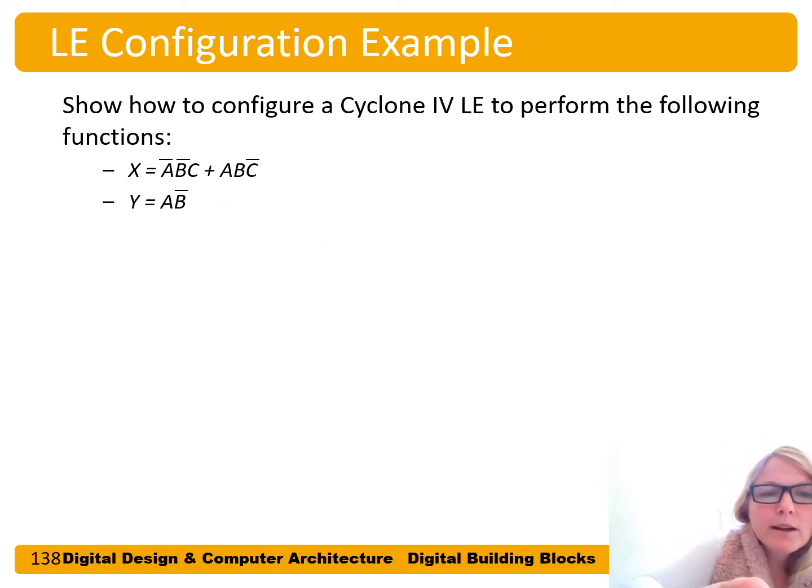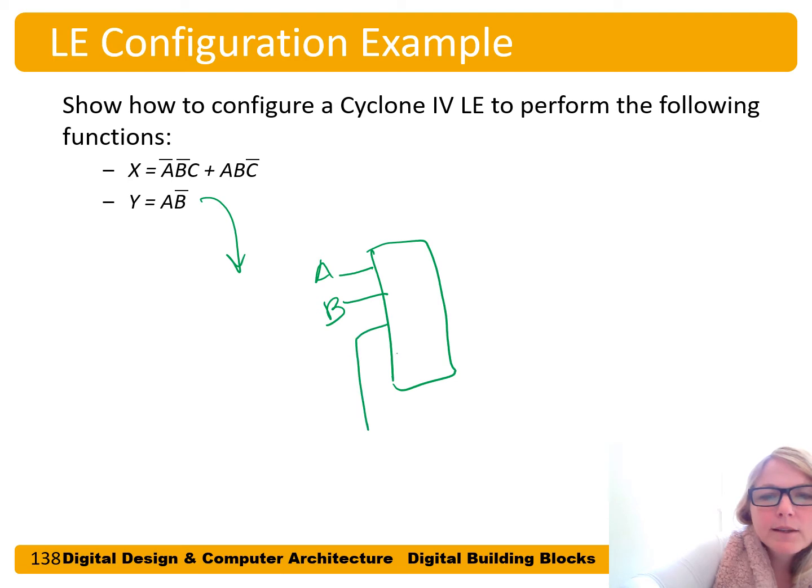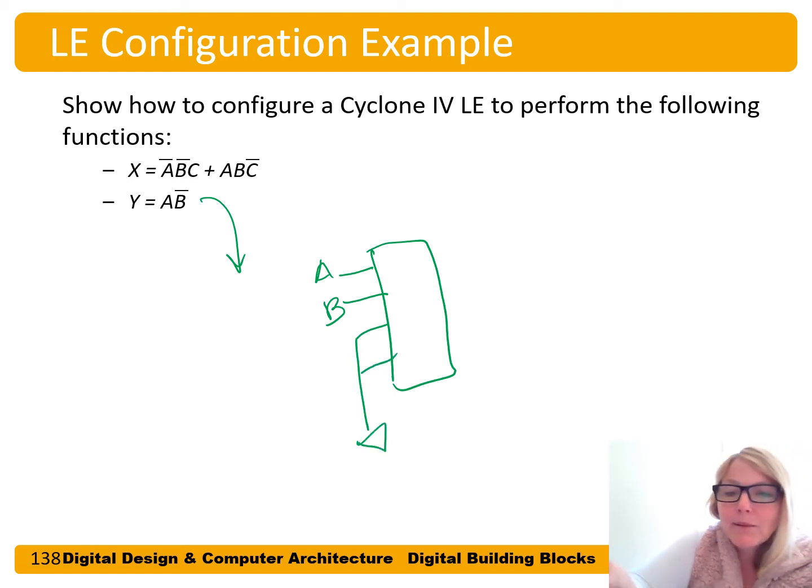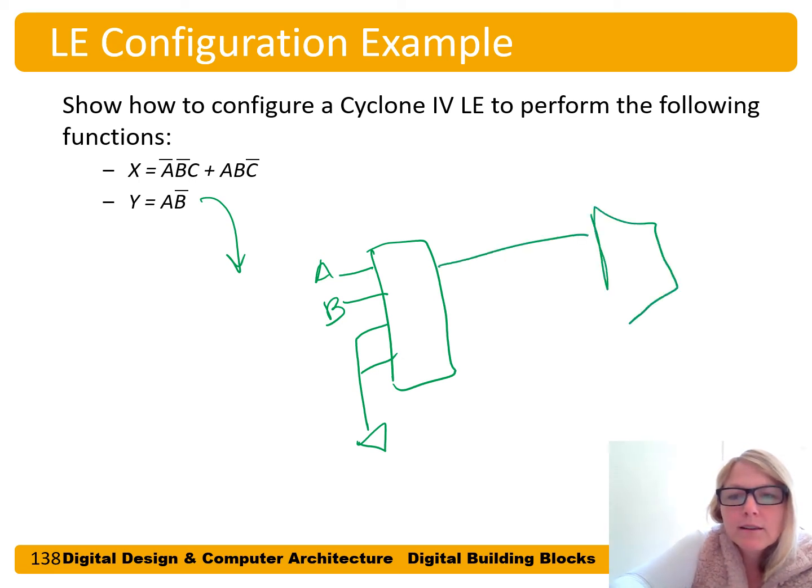Similar to that first problem, now we have only 2 input variables. We can still use our 4-input lookup table, tie A and B here, and then we can ground the other 2 inputs. We have to tie them to something. Remember, inputs always have to be tied somewhere, and then we'll choose that the combinational output is the output of our logic element.